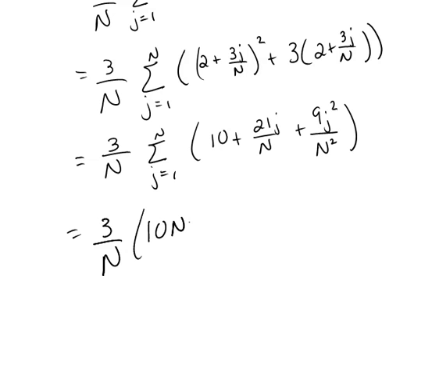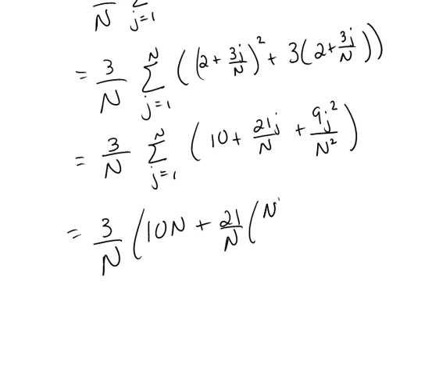So this is 10n plus, 21 over n comes out in front, and the sum of the j's, remember that's Gauss's formula, n times n plus 1 divided by 2, or n squared over 2 plus n over 2, right?